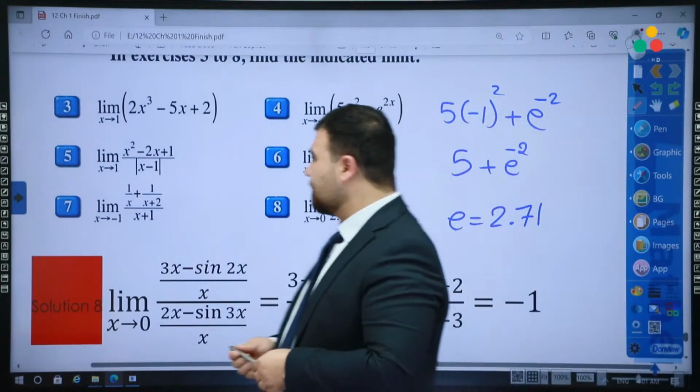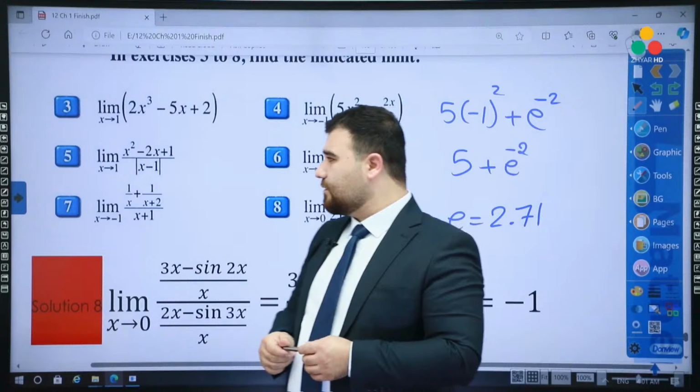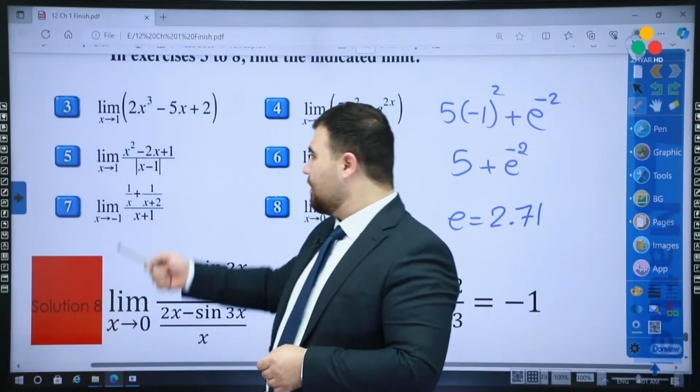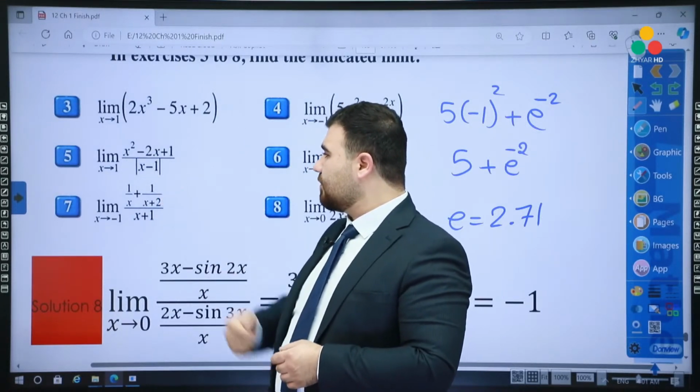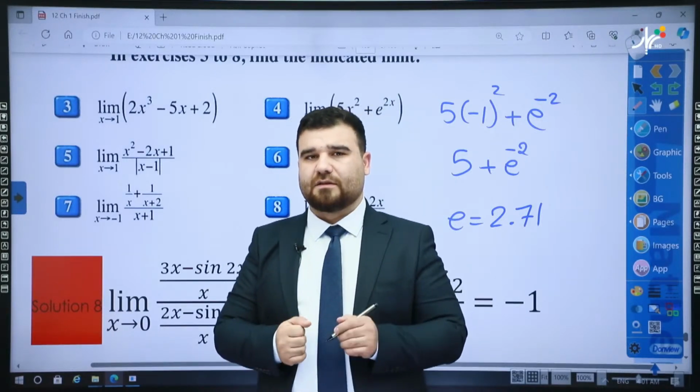Question 5, this one. Limit x tends to 1. Then if I put 1 here, it will be 0. If I put 1 here, since it's absolute value, we should take left and right.